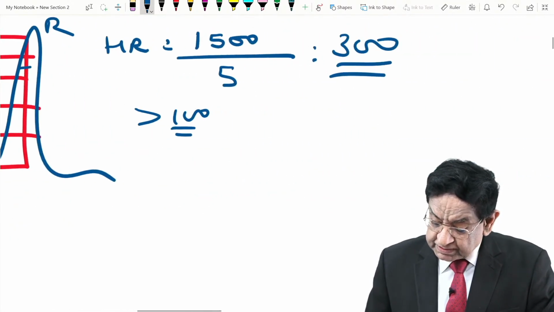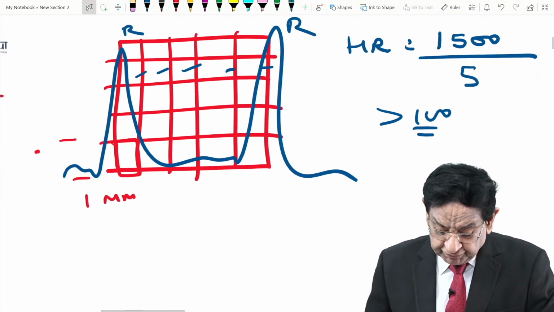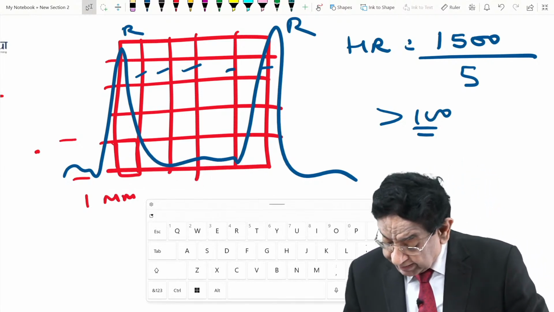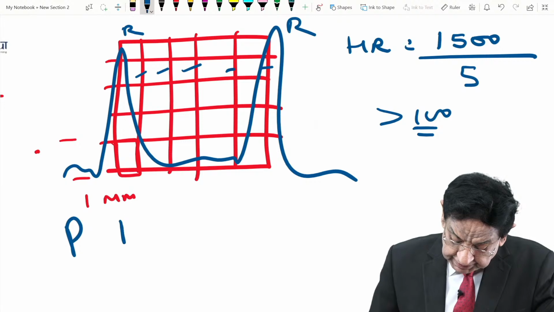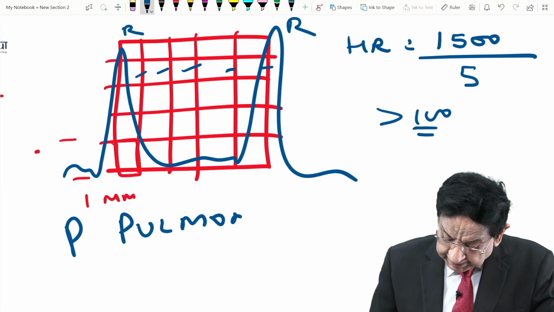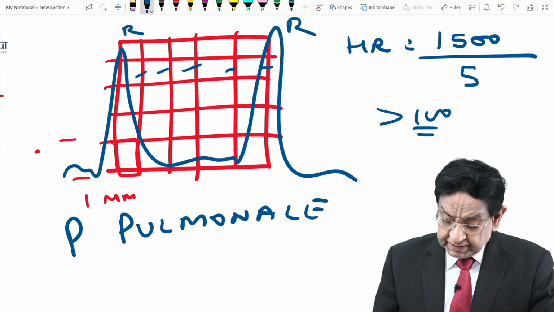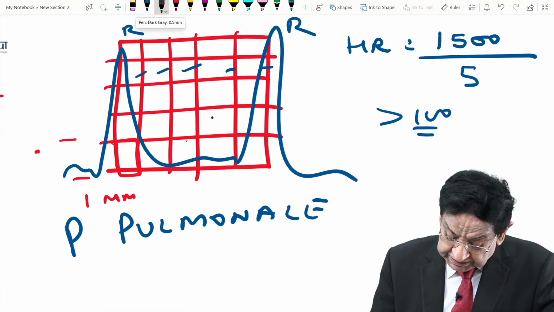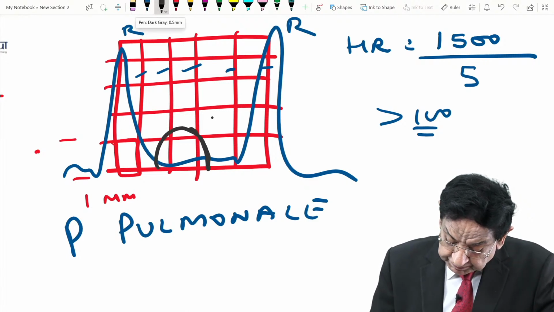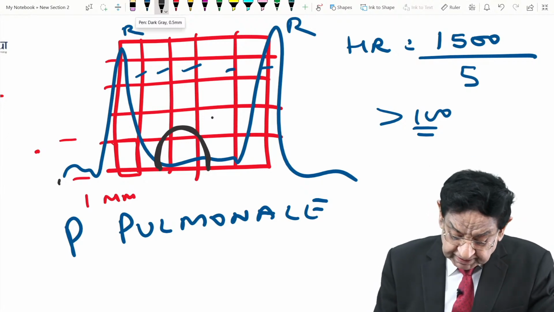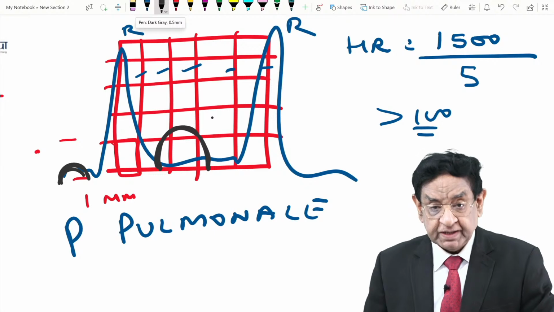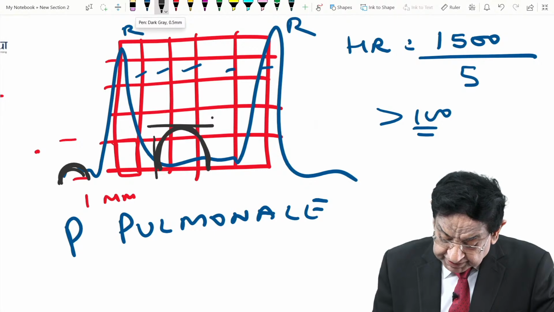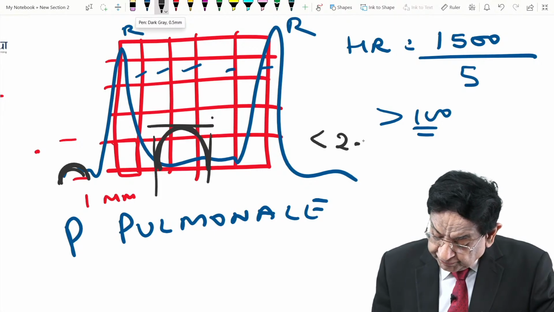Now, one more thing, we talk of P pulmonale. Well, you can see the normal P wave is like this. We are well aware this is the P wave. I have drawn a separate diagram. Normal P wave height and width are both less than 2.5 small squares.